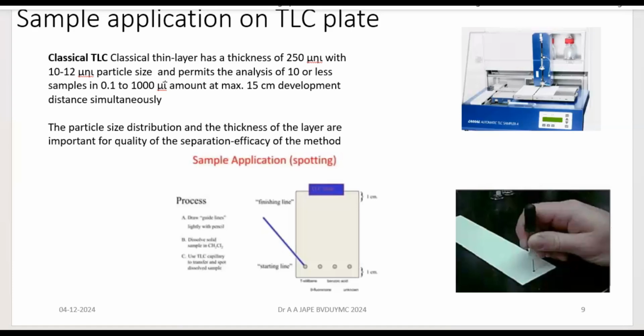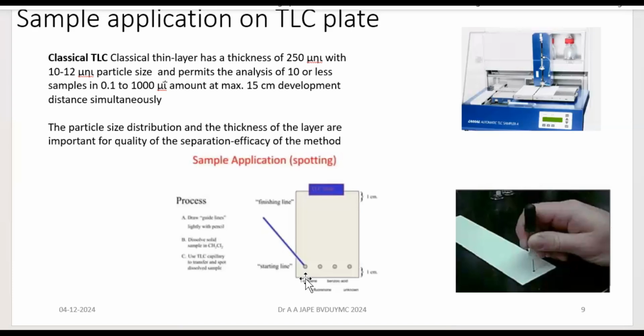TLC plate. Now this can be done using a simple glass capillary, which you are going to dip into the dilute solution of your analyte, and you are going to carefully touch the tip of the capillary onto the TLC plate and release a very small portion of the analyte onto it.